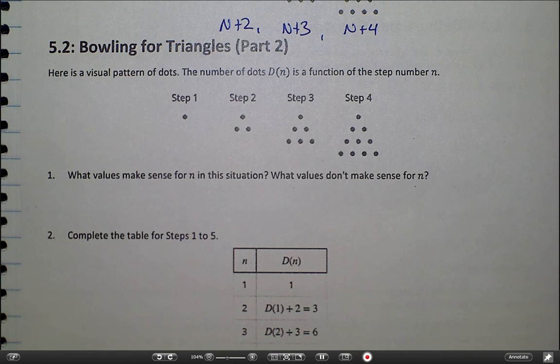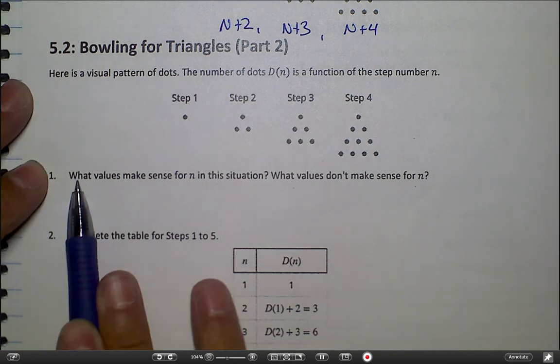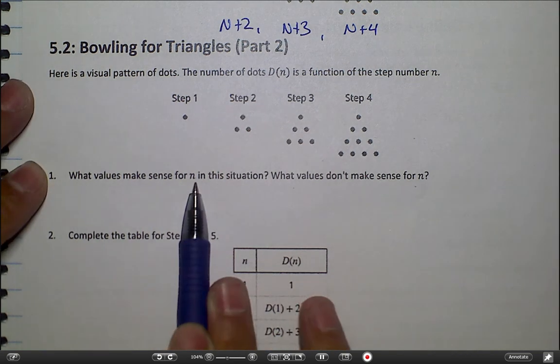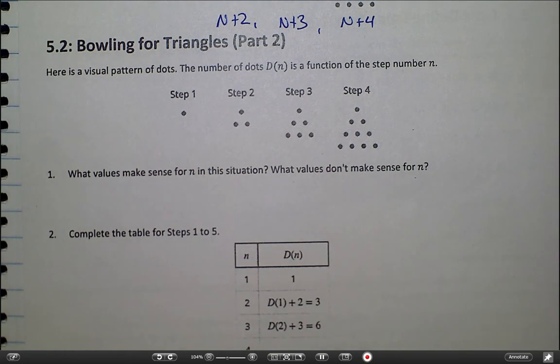We skipped over the third term and fourth term. You guys remember that problem? Yeah, and it was like the fifth term? Okay, good. That's what we're going for. All right, so let's go ahead and take a look. What values make sense for n in the situation? What values of n? So what numbers am I going to plug in there?